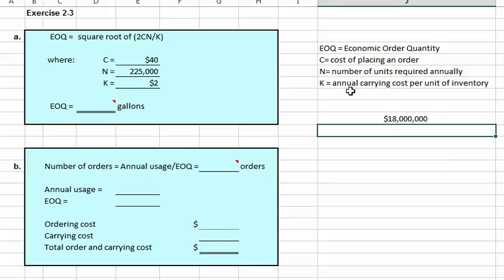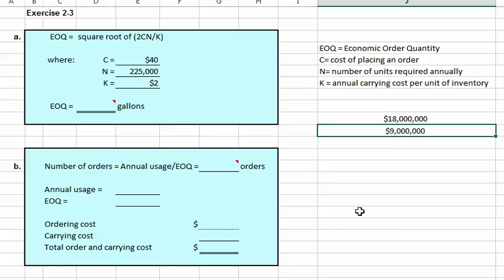Then we want to divide that number by the annual carrying cost per unit of inventory. Okay, so that equals our 18 million divided by our $2 carrying cost per unit of inventory. So that gives us $9 million.